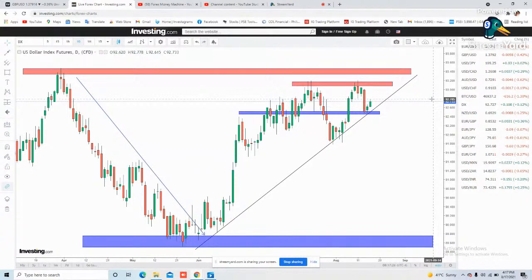So here is the chart of US dollar index future. We can use this to have a bias confirmation for our trade plan for today.